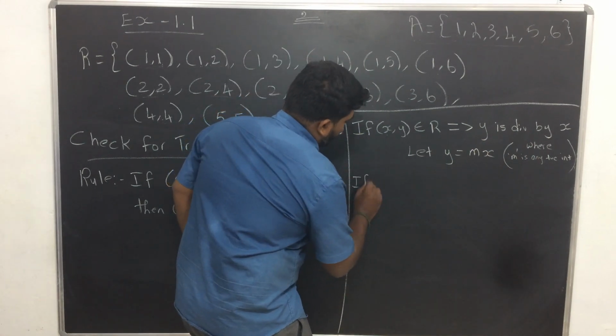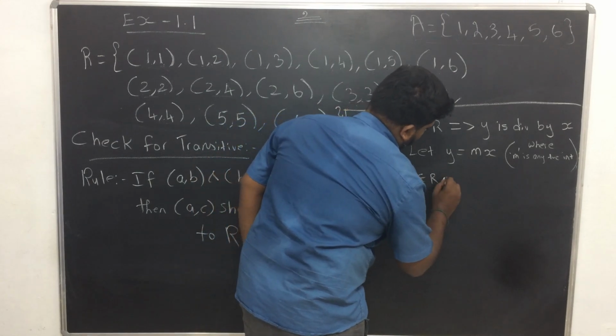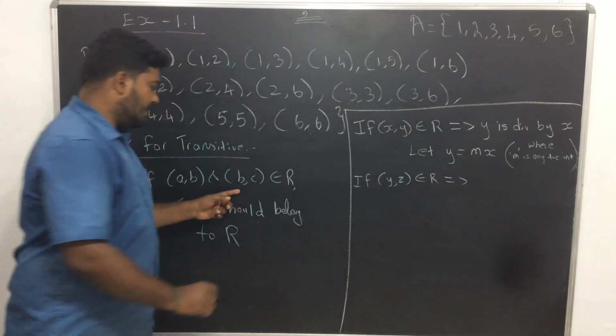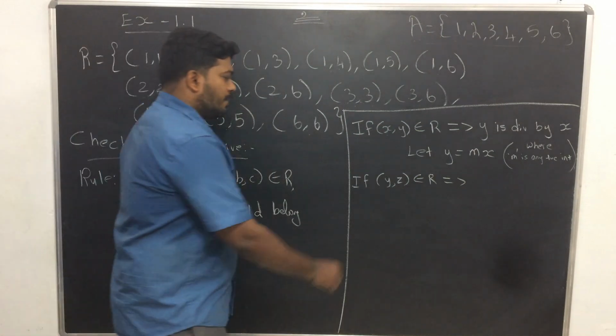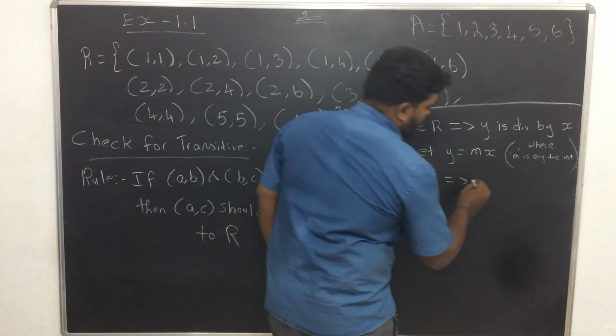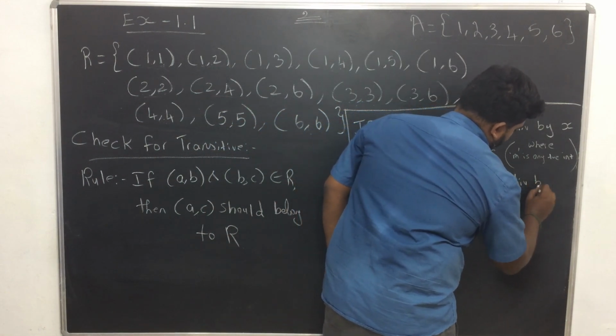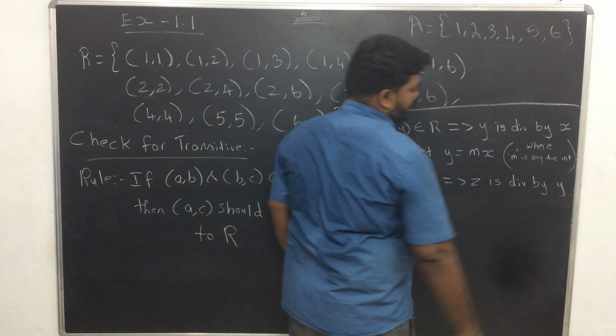So now, if y comma z belong to R, that is b comma c, if y comma z belongs to R, it implies that z is divisible by y.